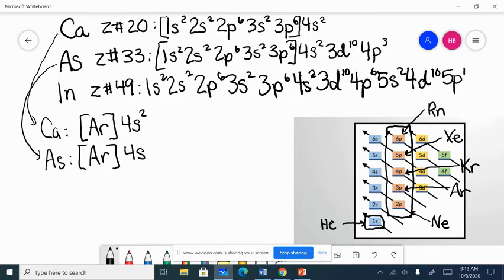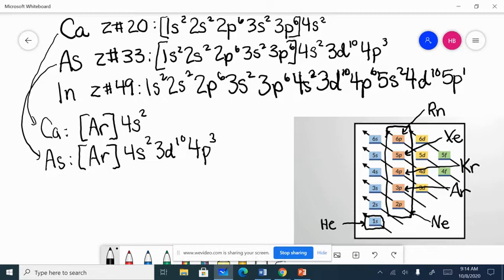Arsenic is 33, argon is 18, so we still need to represent 15 more electrons. Now these are all outer shell electrons, but still the 4s and the 4p are the valence electrons, for 5 valence electrons, and the 3d are outer shell electrons, but they're not valence.